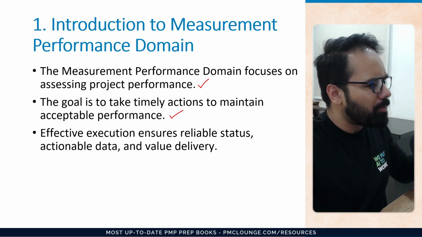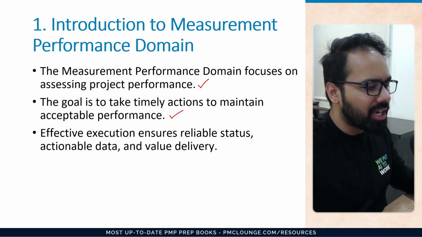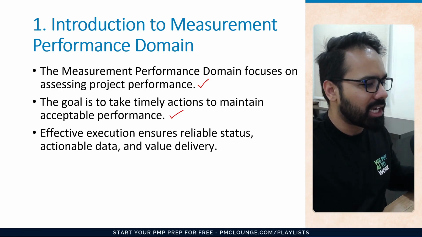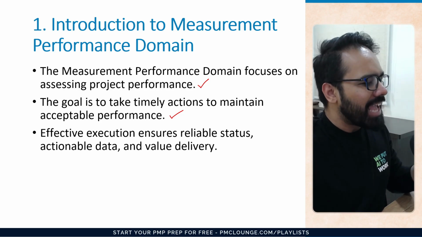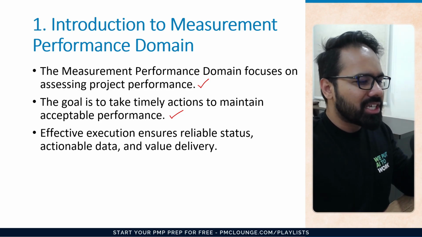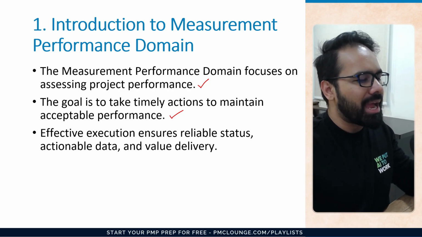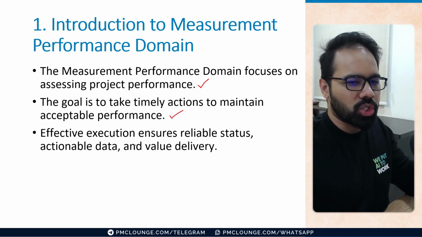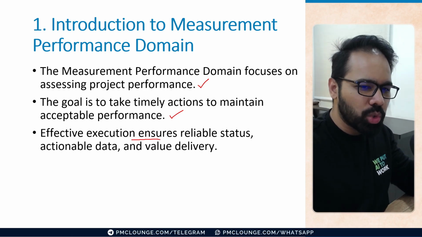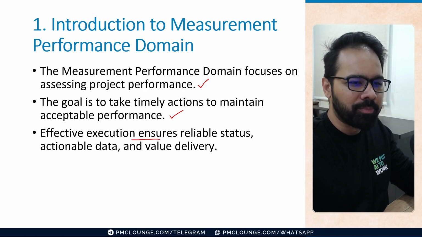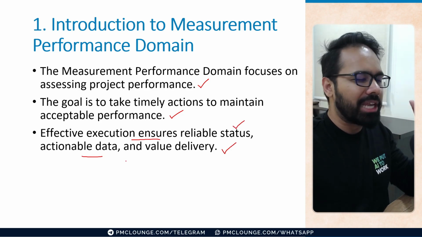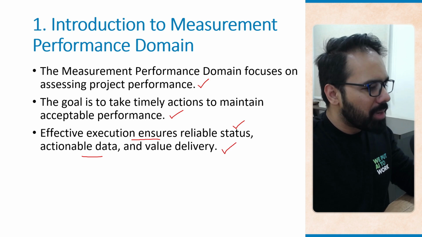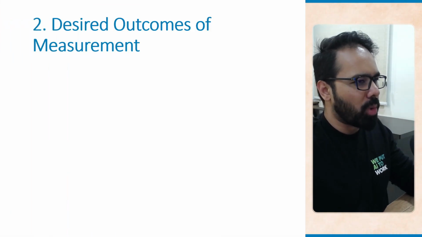As an example, by monitoring conversion rates on this e-commerce website or server response times, the project team can make data-driven decisions that directly impact customer satisfaction. So the effective execution for this performance domain is reliable status, actionable data, and value delivery. So that is why measuring stuff is so important.